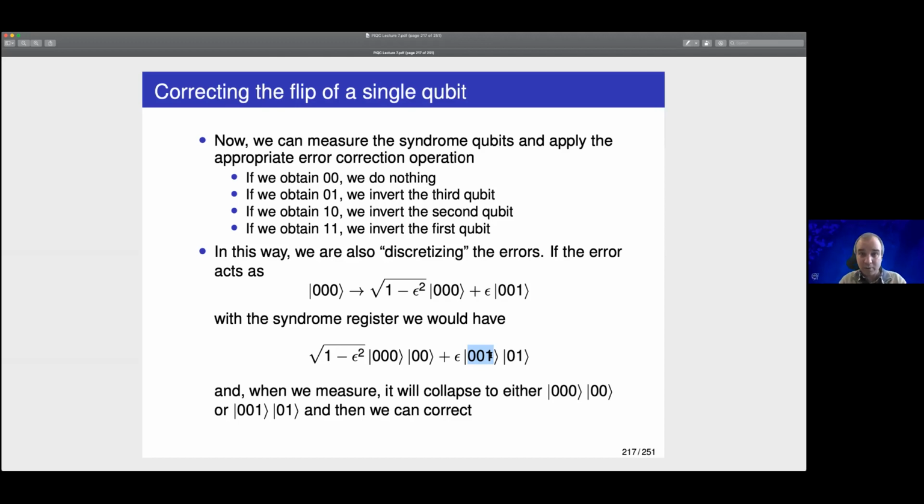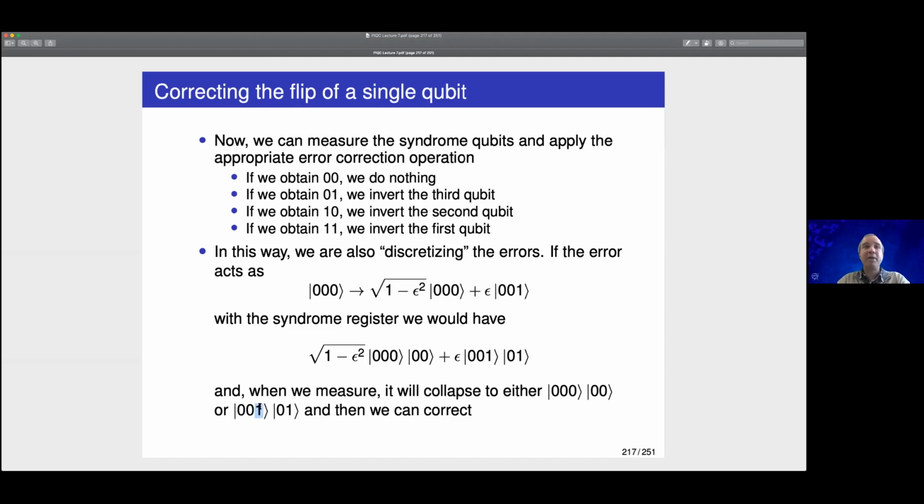But when we measure, we realize either a situation in which no error has occurred, if we measure 0, 0, or in which an error of a complete flip of one of the qubits has occurred if we measure 0, 1. And then we can correct. If we obtain 0, 0, we do nothing. If we obtain 0, 1, we flip this qubit back to the 0 state, okay?